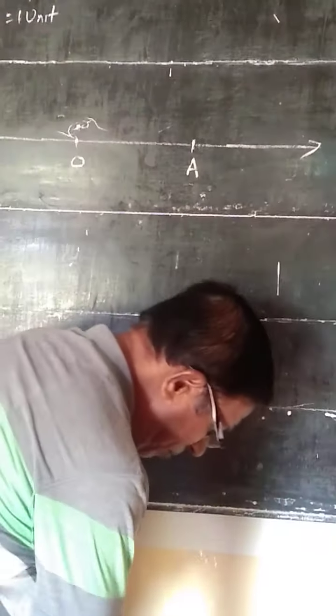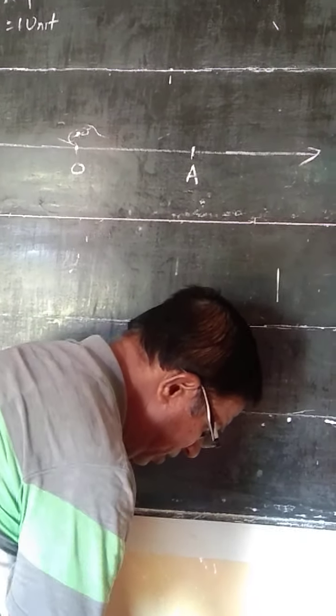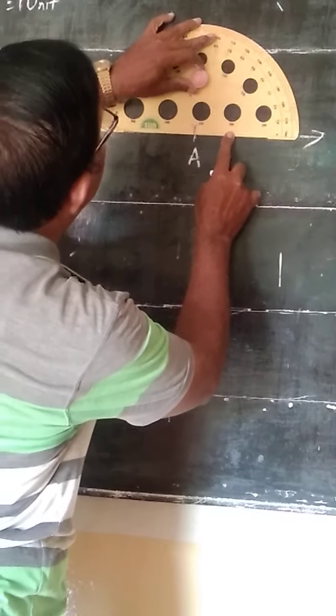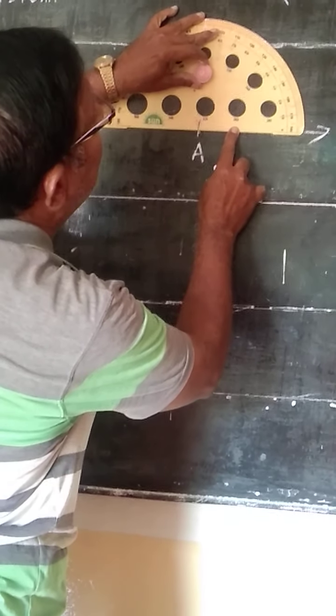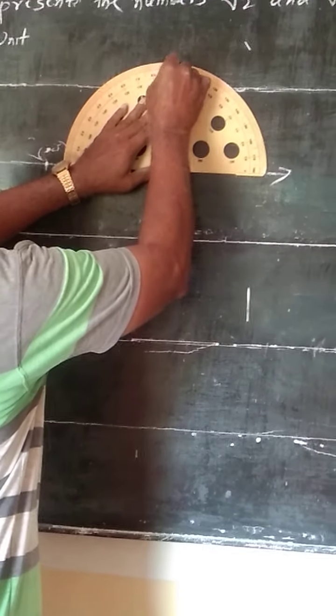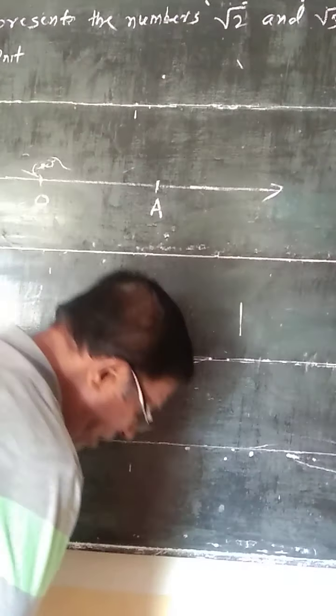Then with the help of a protractor, draw the angle, take the angle 90, putting on point A. Draw the ray.